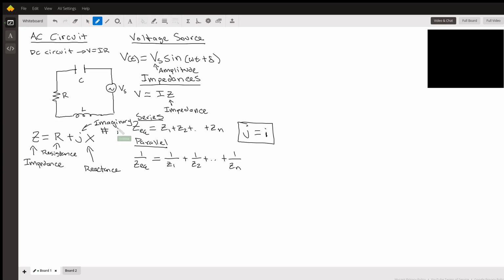Okay, so we use J to be equal to i when we deal with AC circuits, because we don't want i to get confused with current. Okay, that's an important thing to remember. So anyway, this is a basic RLC circuit here. Something important to work with.